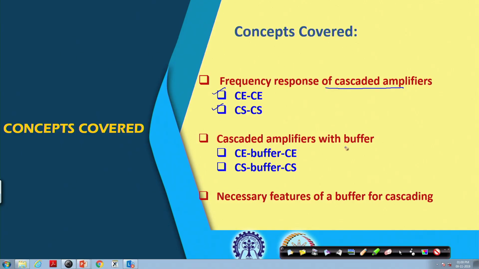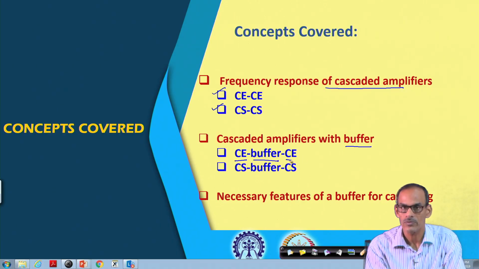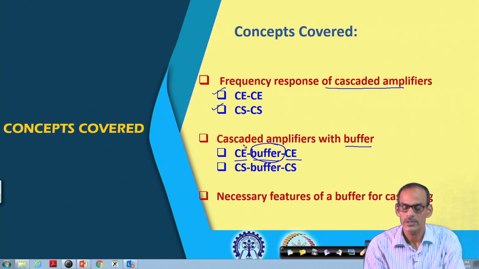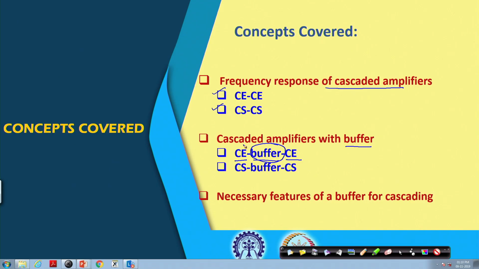Those effects are reduced, or I should say almost eliminated, by introducing a buffer, and hence we will again revisit the frequency response of common emitter followed by buffer and then followed by common emitter. By the presence of this buffer in between, we will see that it helps to retain the frequency response of the original common emitter amplifier, or whatever we are expecting.